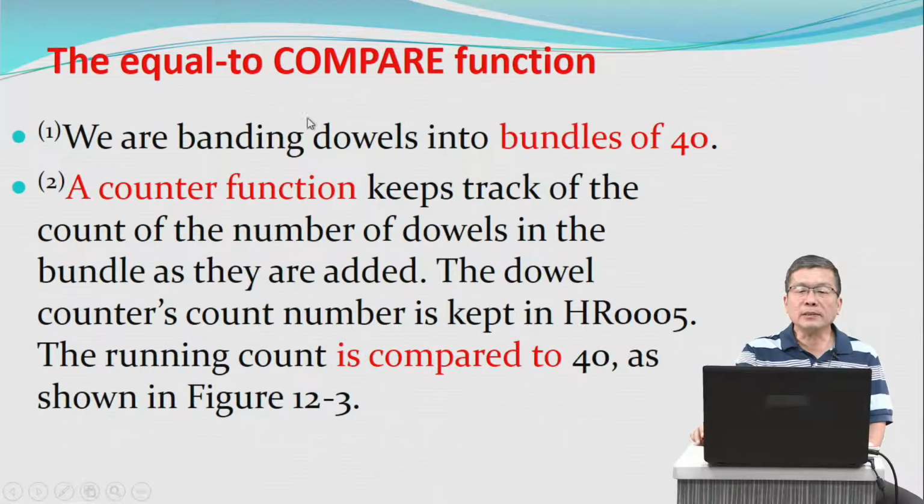We are bundling towers into bundles of 40. A counter function keeps track of the count of the number of towers in the bundle as they are added. The tower counter's count number is kept in holding register number 5. The running count is compared to 40 as shown in figure 12.3.